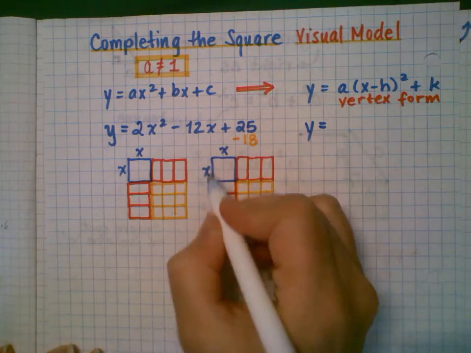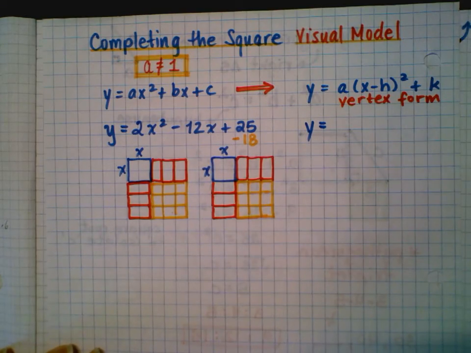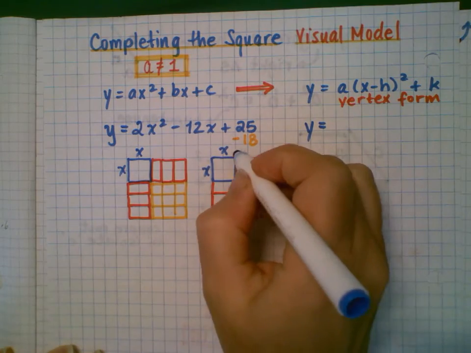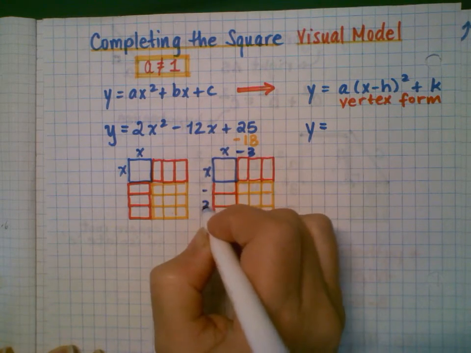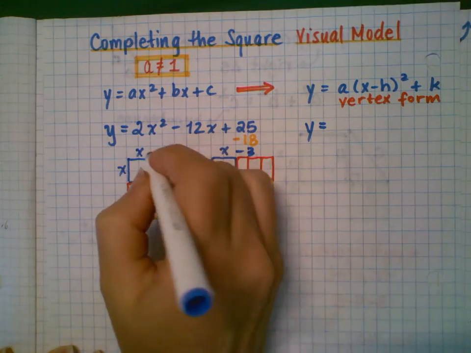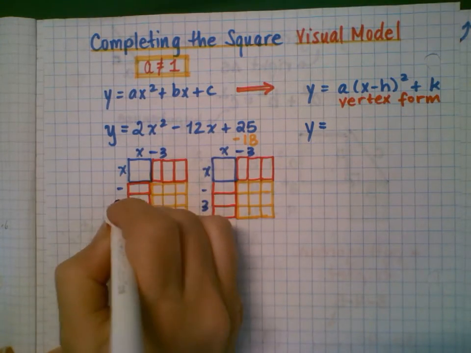So the dimensions of each of these little squares, which are identical, and they should be, or I haven't done it right, the dimension across the top is x minus 3, and across the bottom, or down the side, is the same. So it's x minus 3's.